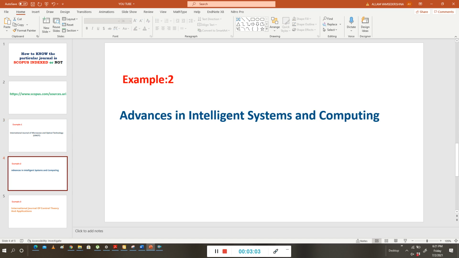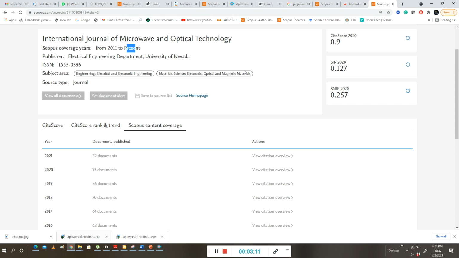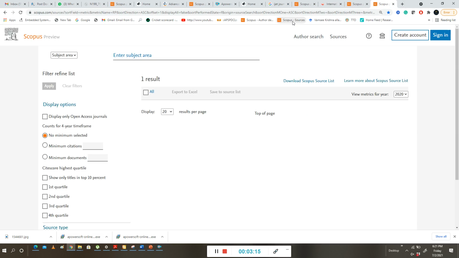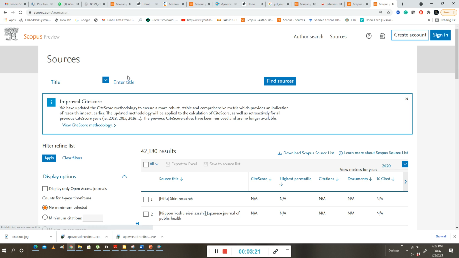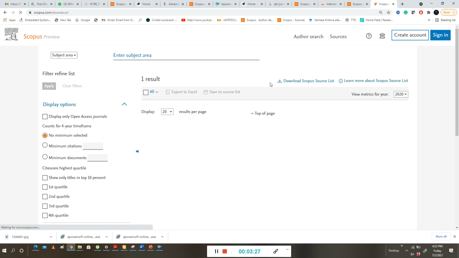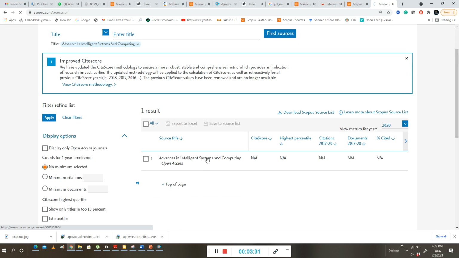See, there is Advances in Intelligent Systems and Computing. Whether it belongs to Scopus indexed or not, right? So first we go through this, then go to Scopus sources, then go to the title, Advances in Intelligent Systems and Computing.